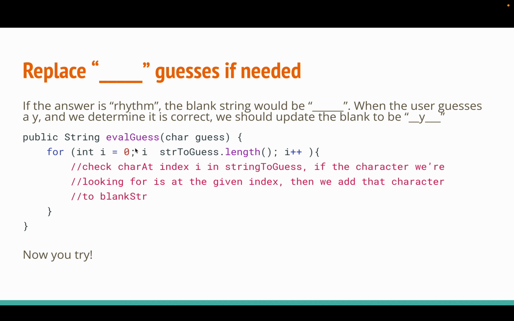We're going to have a for loop, and we're going to iterate through. So int i = 0, i, some sort of comparison here, stringToGuess.length(), i++. So check the char at index i in stringToGuess. If the character we're looking for is at the given index, then we add that character to the blank string. So now you try to fill in the blanks right here, and pause if you need.